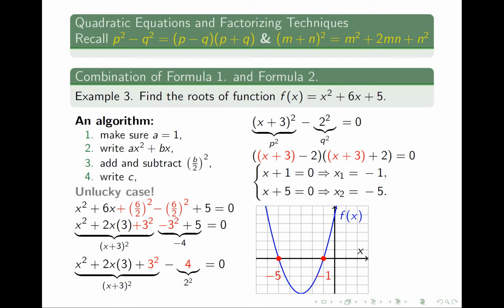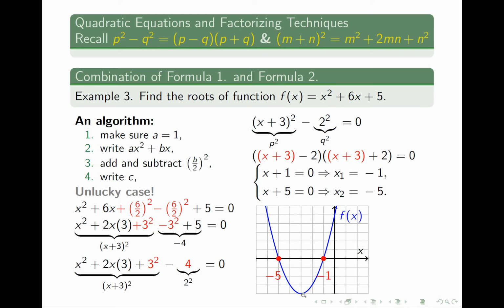If we draw the graph for this, we will see that again we have a smiley graph, and this comes from the fact that x squared has a positive sign. This graph goes through the x-axis at 2 points, minus 5 and minus 1.